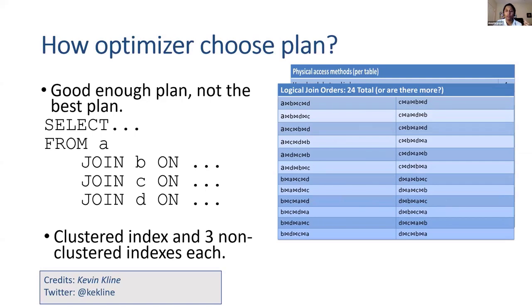So if, for example, the join between A and B will be able to filter out 40% of the records from the result set, and the join between B and C will be able to filter out 90% of the records from the result set, then the join between B and C will be reordered and put in the front of the query, and all the rest of the joins will be put behind it. So that's how the reordering of these joins occurs. And there are 24 in total just for this simple 4 join statement.